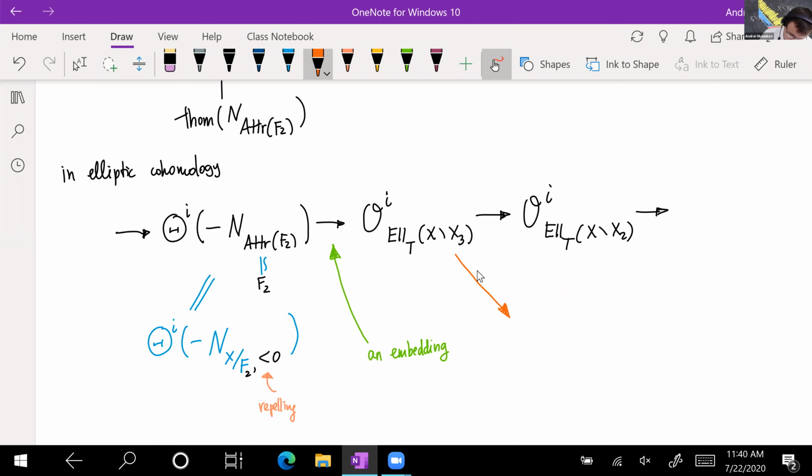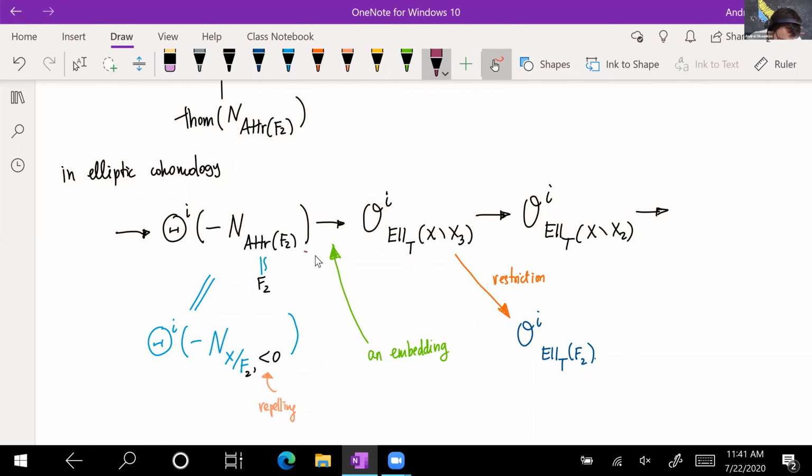We can take this map to the elliptic cohomology of the fixed locus itself. Just restriction. You have a class on the ambient space, you can restrict it to a fixed point.